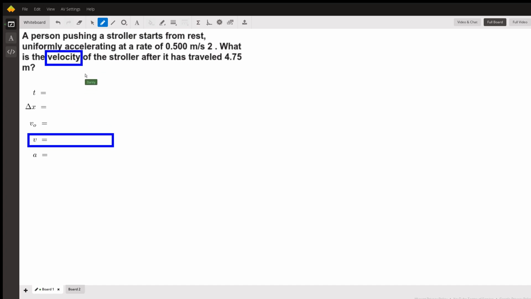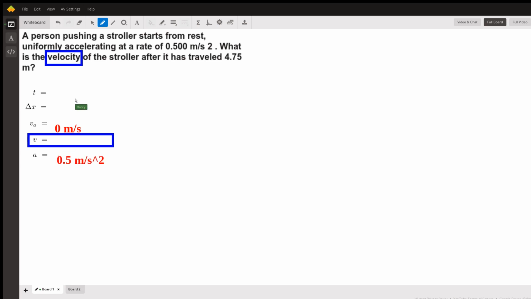Now I go through everything else that I happen to know. It told me that the person started from rest, which really means that the initial velocity is 0 meters per second. They're accelerating at a rate of 0.5 meters per second squared, so I fill in for acceleration 0.5 meters per second squared.